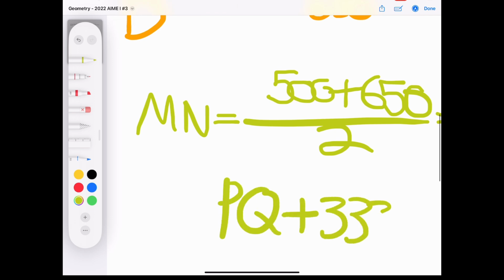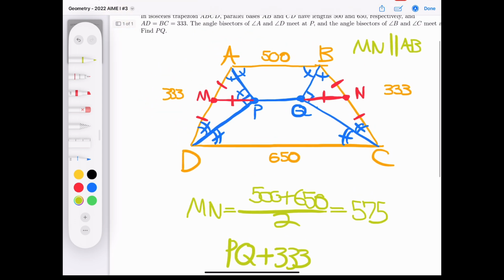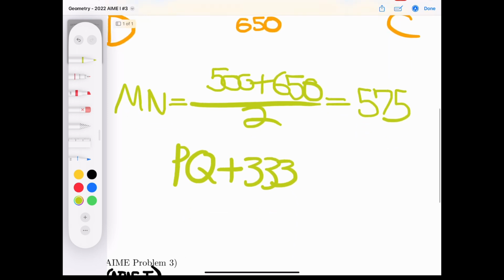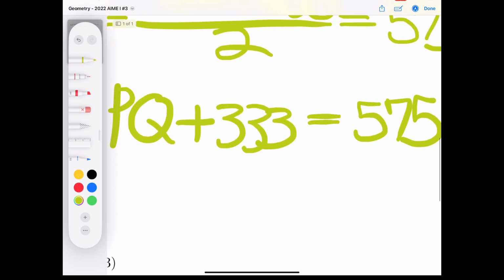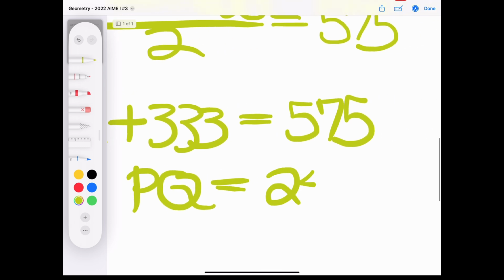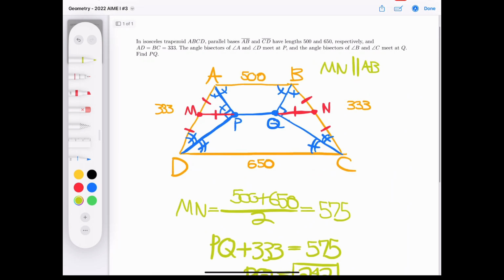Now we have that PQ plus 333 is equal to 575, which implies that PQ has length 242.